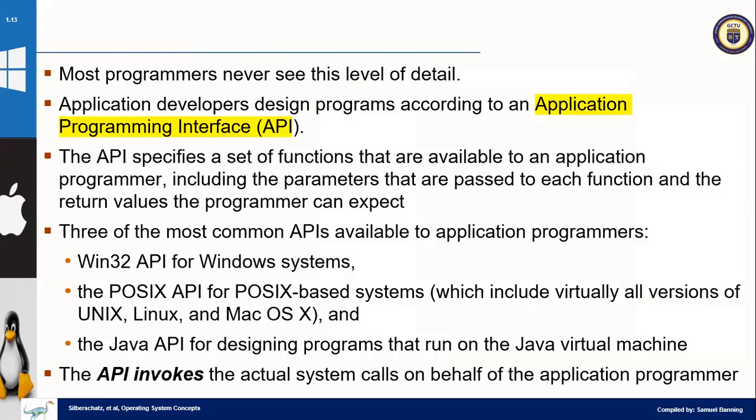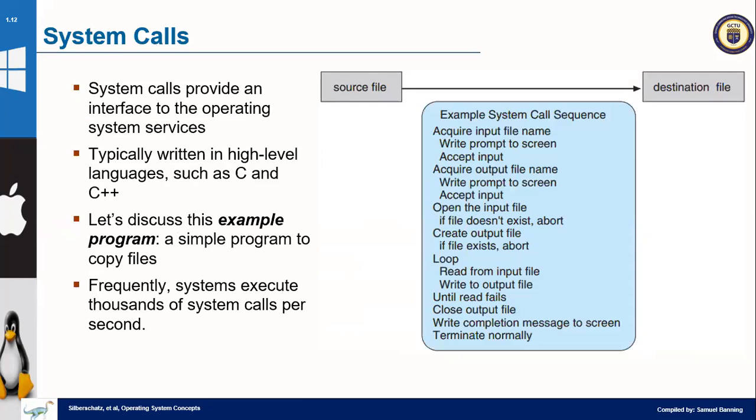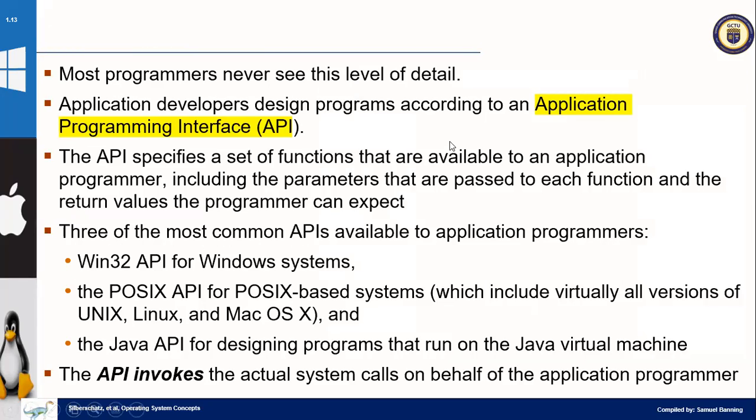Now, looking at the system calls that are executed when you want to copy one file to another file. All these system calls that we've seen will happen on the blind side of the user. And also, as a programmer, you may not be concerned about this level of detail.